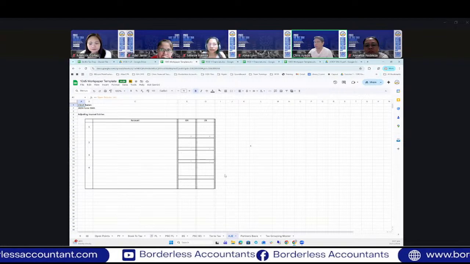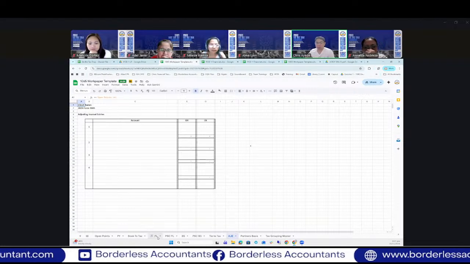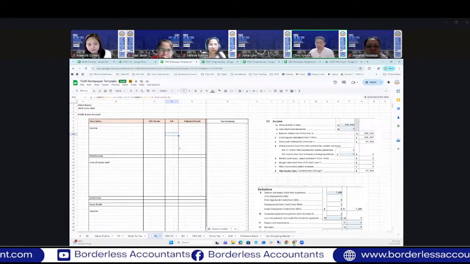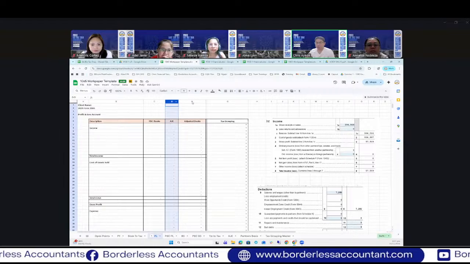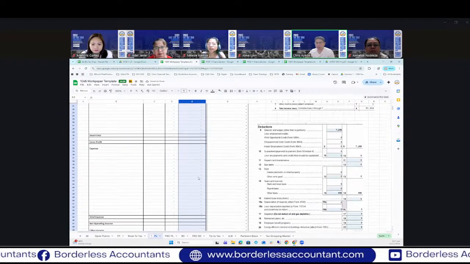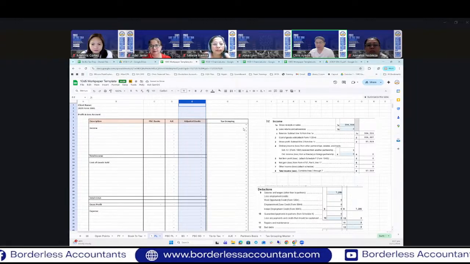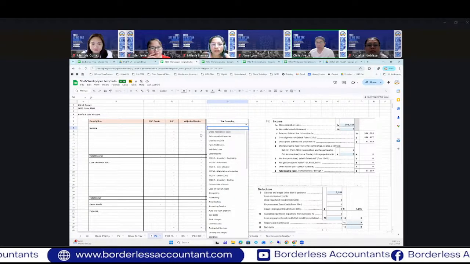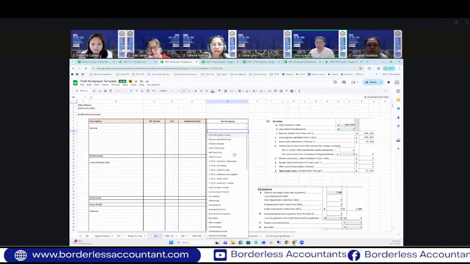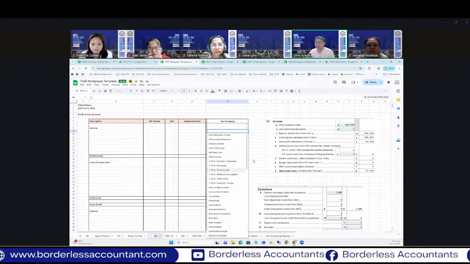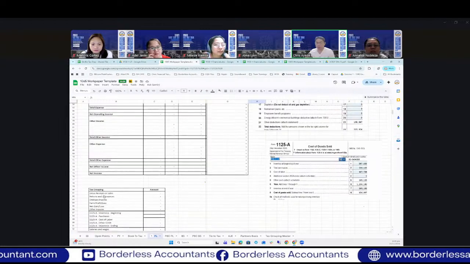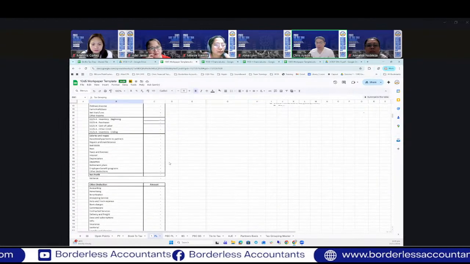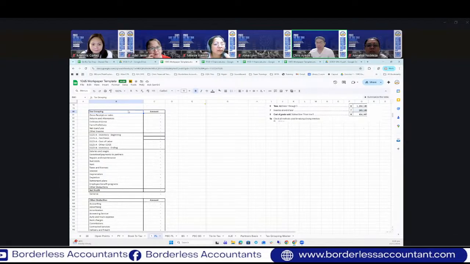So we make those adjusting journal entries, and those should be picked up from this into this column D. And so you have your adjusted figure over here, and then you have your mapping. Then you will have to classify what that account should be in the tax software, right? So you have all this mapping, so that once you're done with your mapping, you're going to be able to come up with this one. These are the mapped accounts, same as in the tax return.